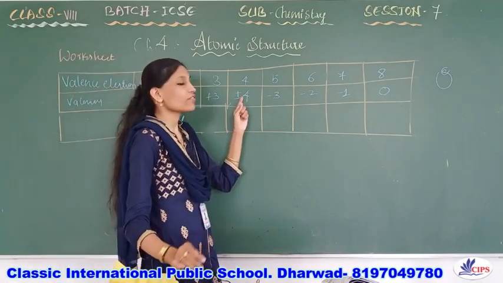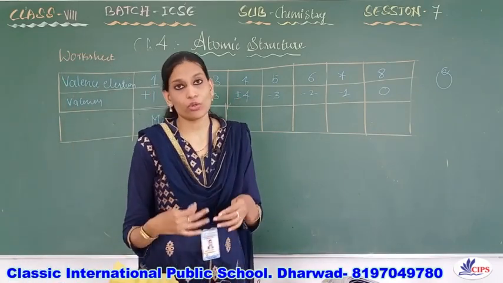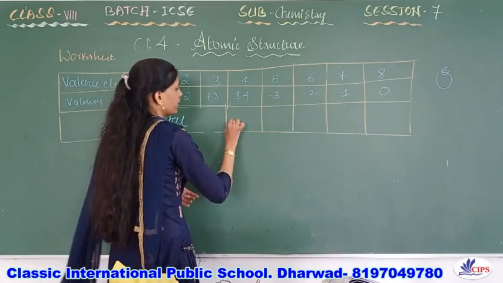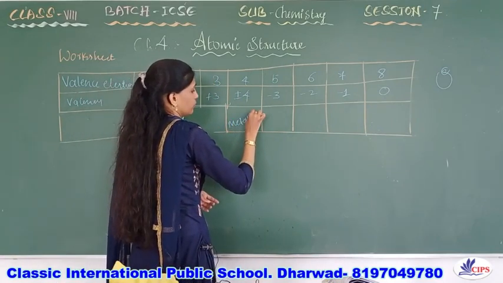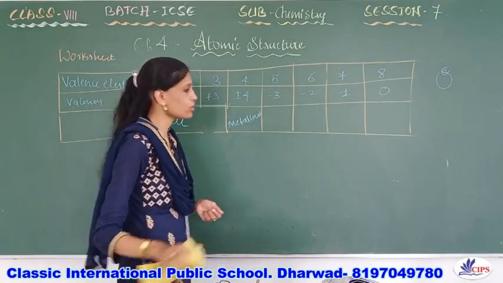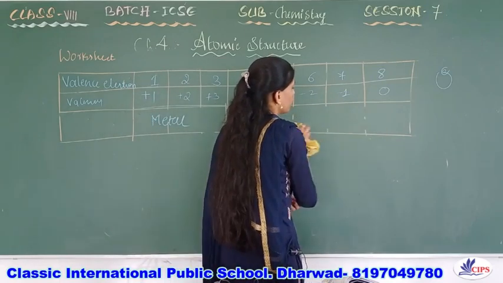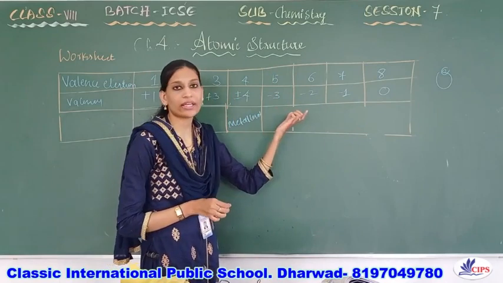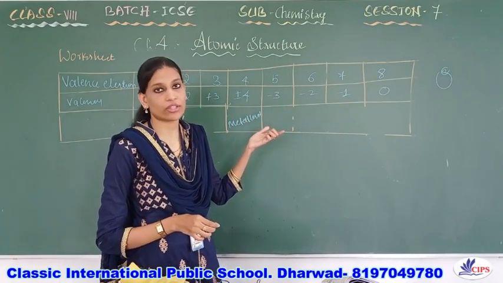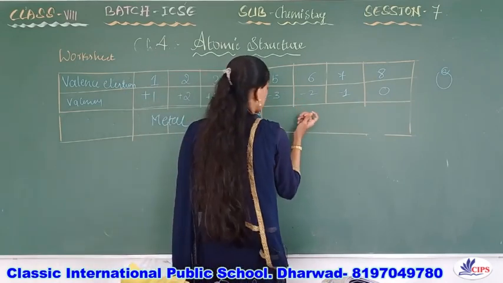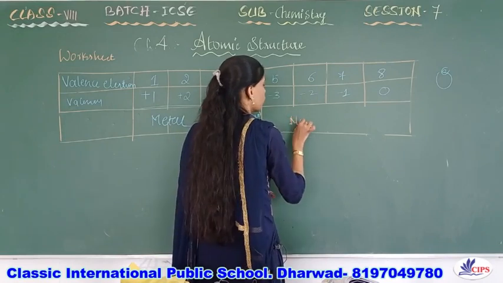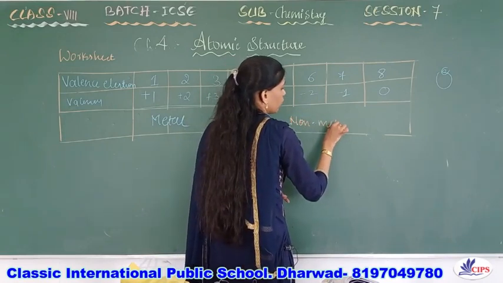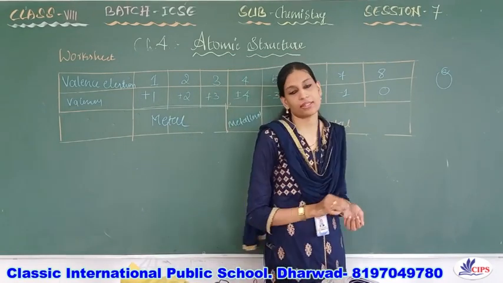And those elements which can either gain or lose, we call them metalloids. All those atoms which have negative valency, that is a negative charge on them, we call them non-metals.